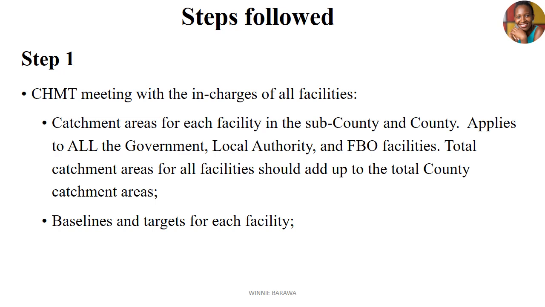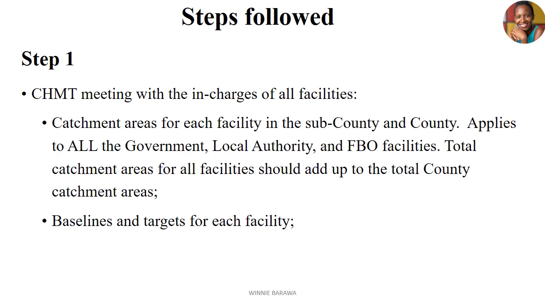So the first step is that the County Health Management Team will meet the in-charges in their various facilities to discuss the various demographics in their catchment areas. It can follow different levels based on the leadership delivery. We can discuss it at the sub-county level, for the sub-county health facilities, and at the county level, where we talk about the county referral facilities.